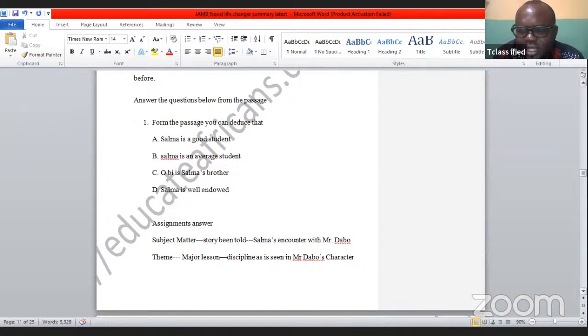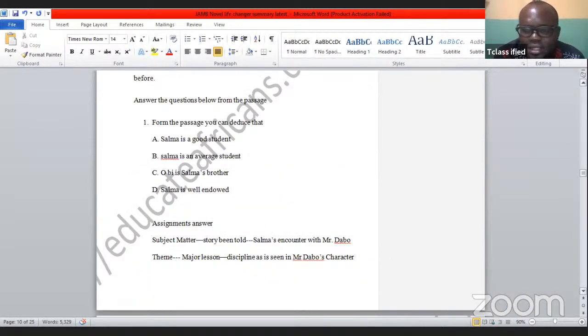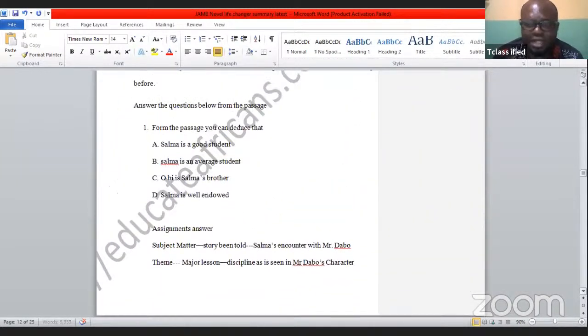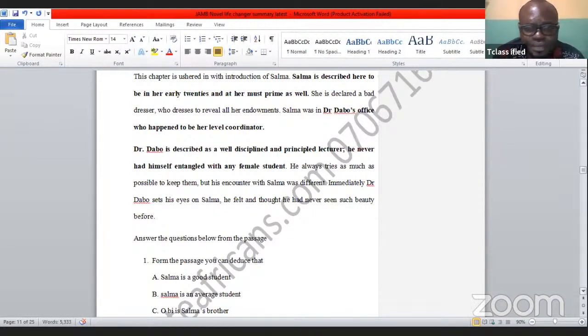Does any other person have an answer that is not the same as what he gave? And also, what do you understand by somebody dressing to reveal her endowments? So that is another. What does that mean too? Extragrammatical items are words that don't mean literally what they look like, but you have to look at them and be able to interpret them.